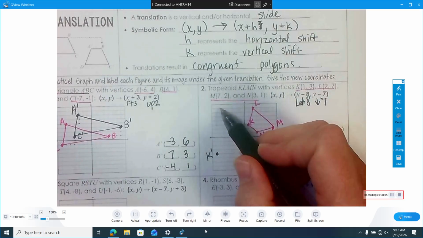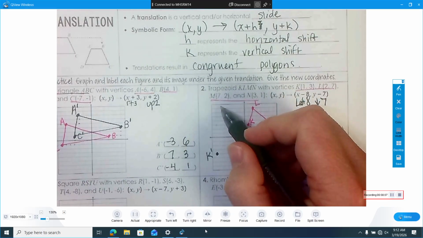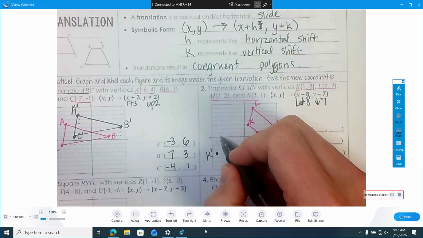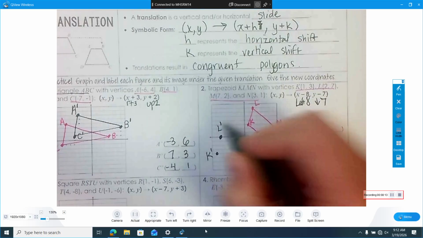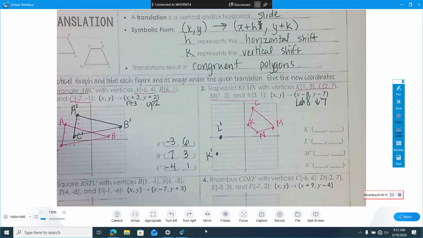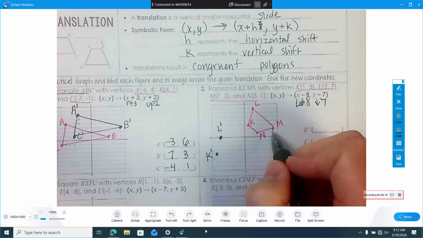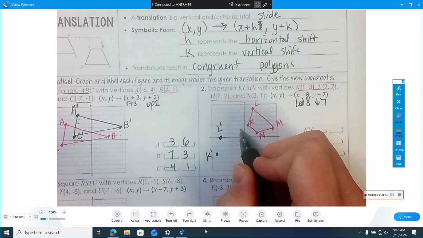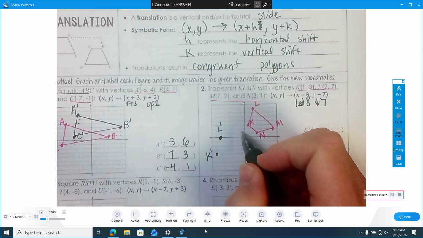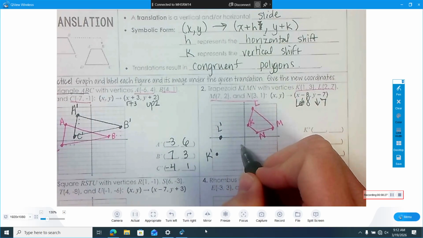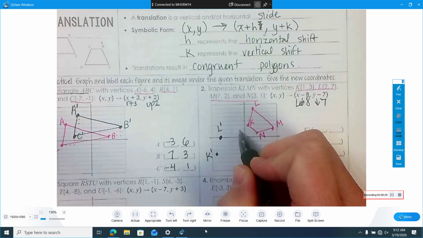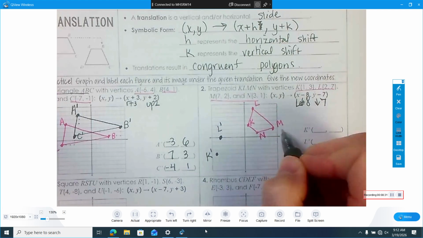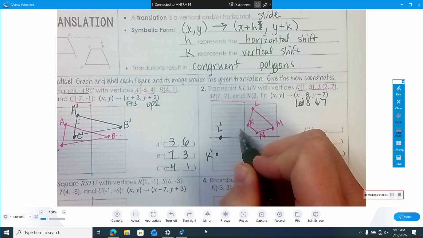L, 8 to the left, and down 7 would be right here. L prime. M, if I go left 8, puts me about here. And then down 7. 1, 2, 3, 4. Oh, I'm over one. No, that was right.